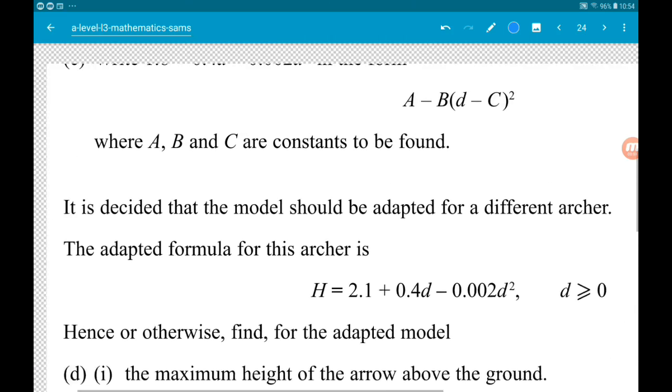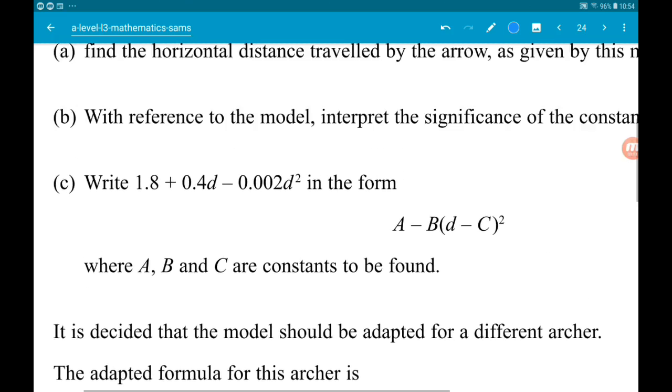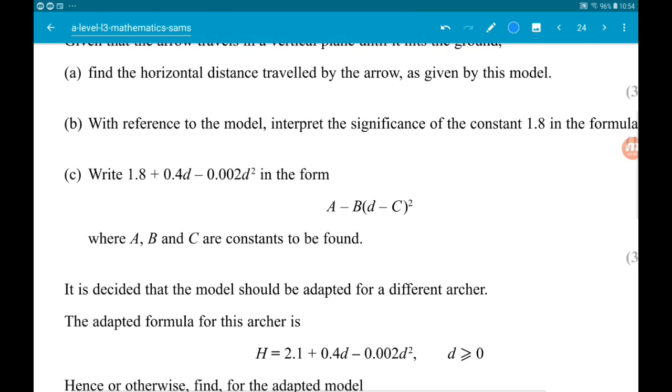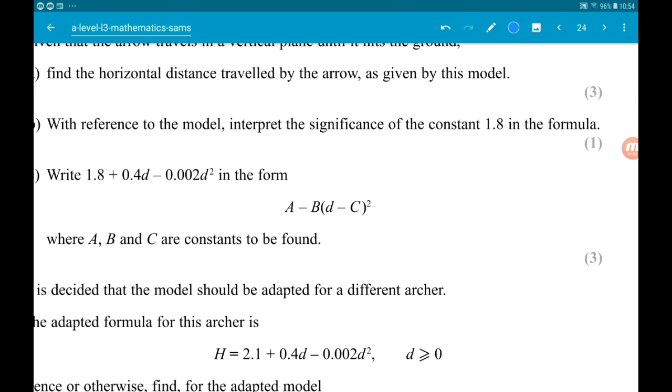Part B says, with reference to the model, interpret the significance of the constant 1.8 in the model.